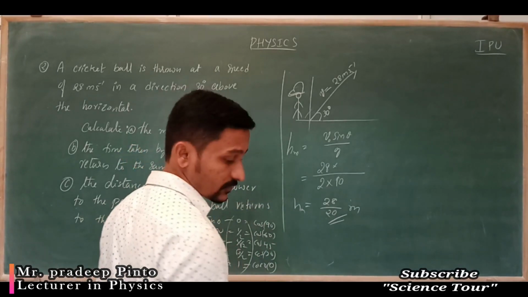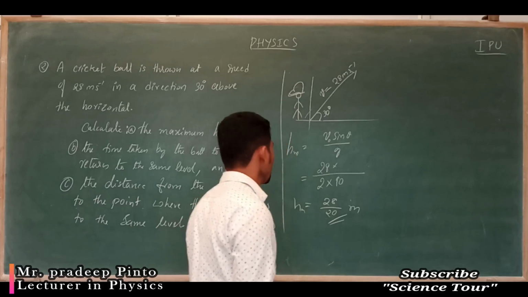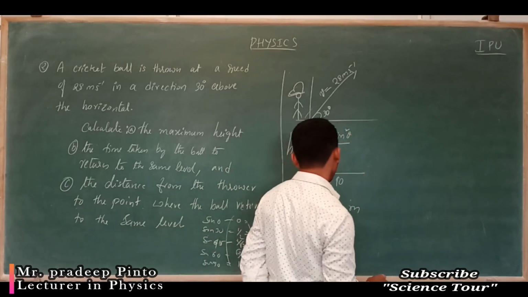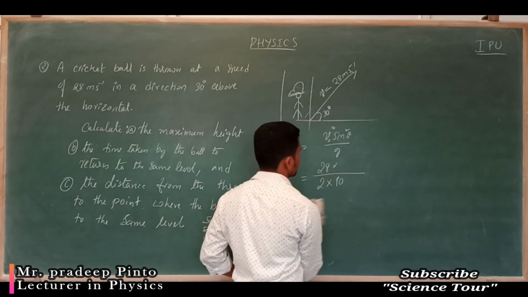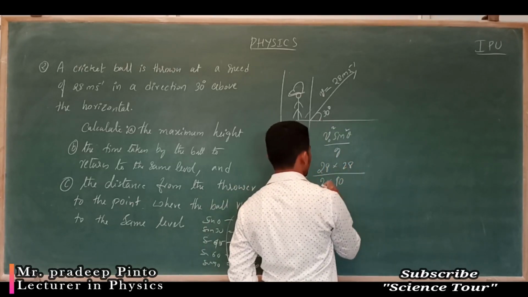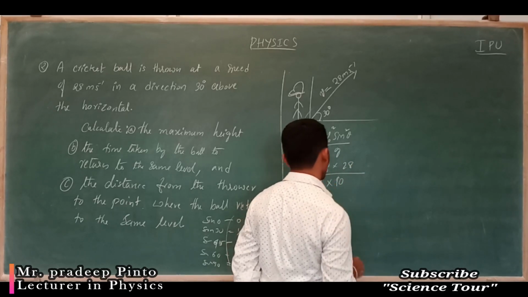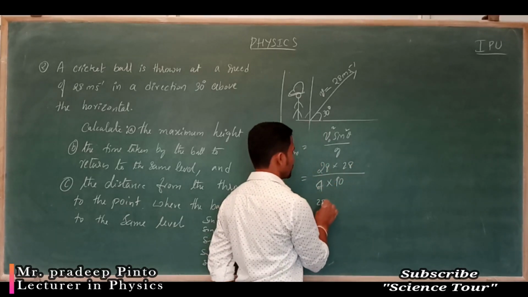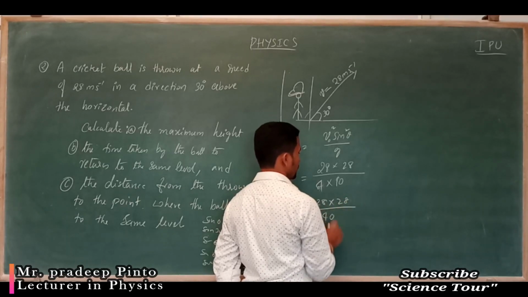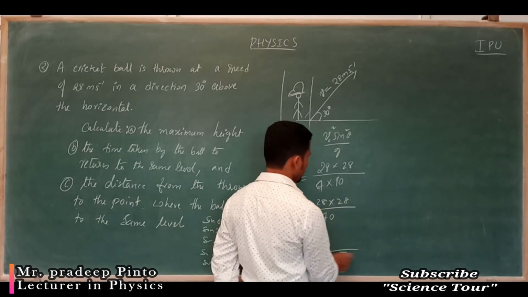So what is the formula actually? HM is equal to V naught square sin square theta, no? So one more term we are going to get, that is nothing but 28 into 28 divided by 40. So how much are you going to get?